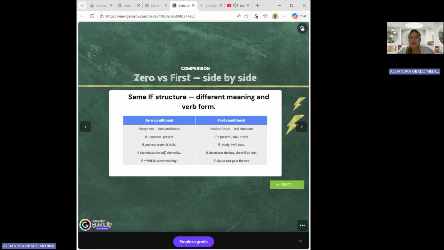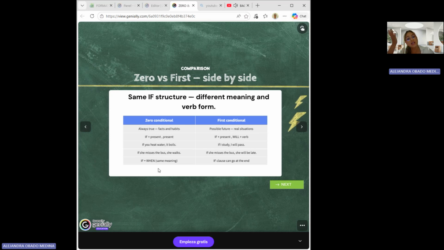If she misses the bus, she walks. Zero conditional. Habit, always. If she misses the bus, she will be late. First conditional. Tomorrow, specifically, real future. And one more pair. If it rains, I take the bus.